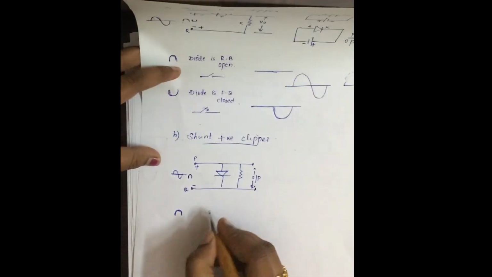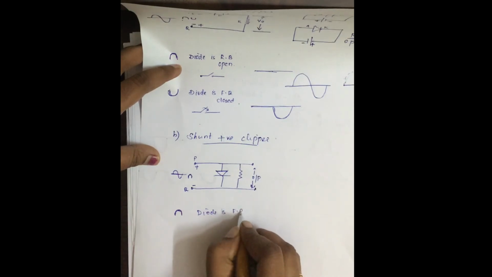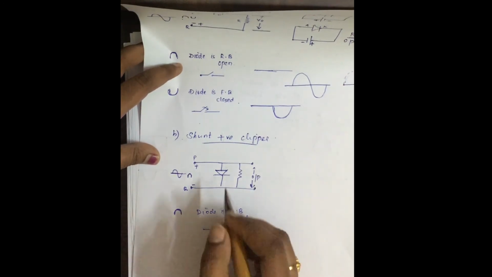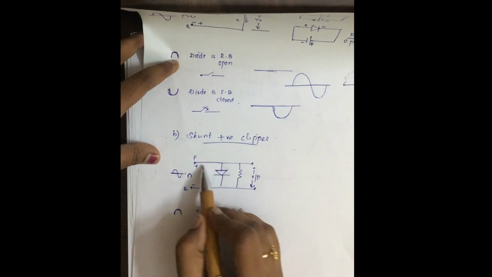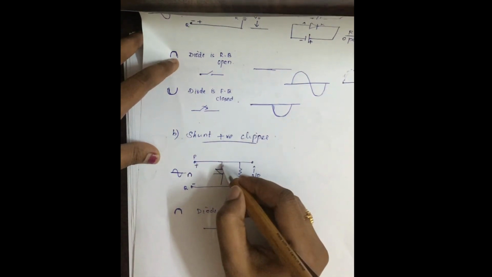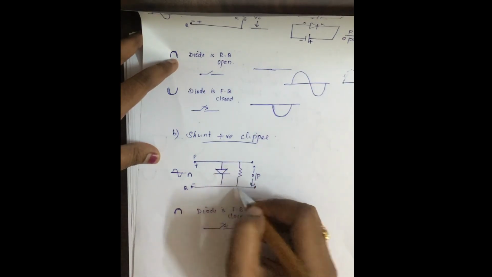So the diode is in forward bias condition and acts as a closed switch. So the entire current flows across the diode, and there is no current flowing across the resistor.